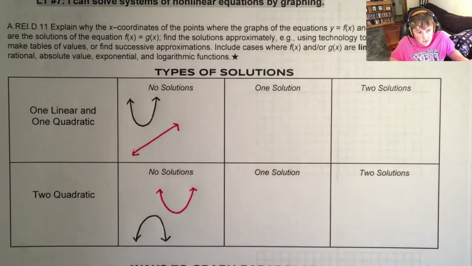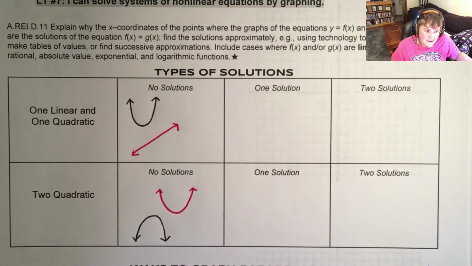They just will never cross. So even though we have two quadratics, the concept of those curves never touching each other is the same. They're just not going to touch each other. Therefore, there's no x and y pair that's going to make the red and the black curve true at the same time.